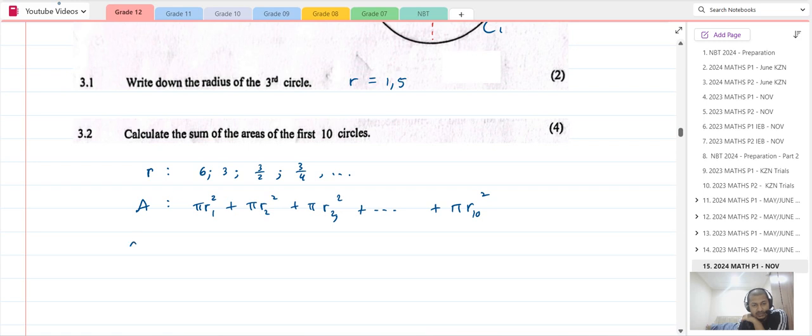Calculate the sum of the areas. S10 is equal to pi into R1 squared plus R2 squared plus R3 squared plus dot dot dot plus R10 squared.